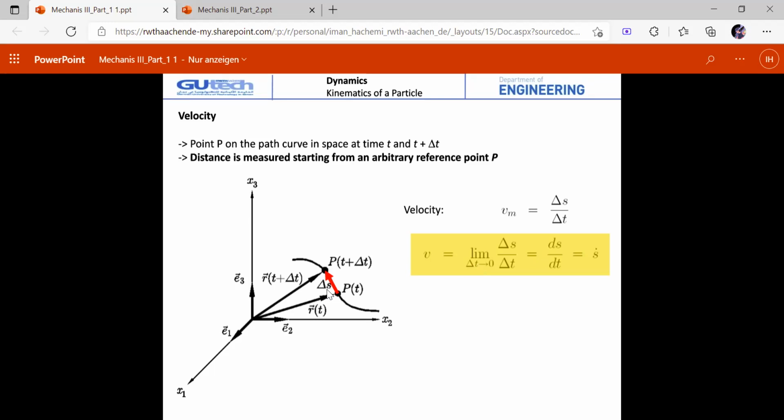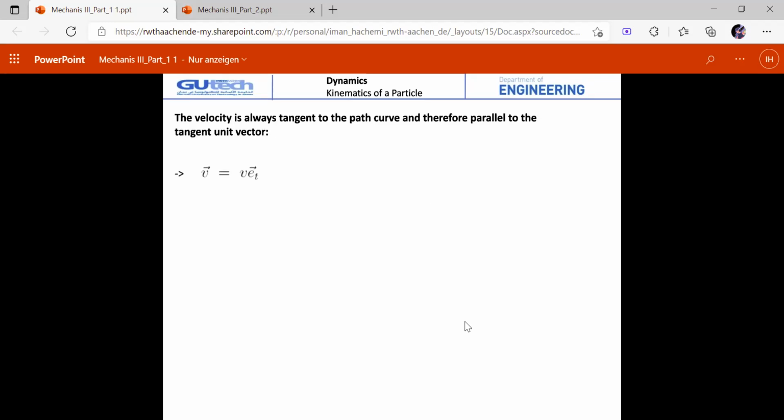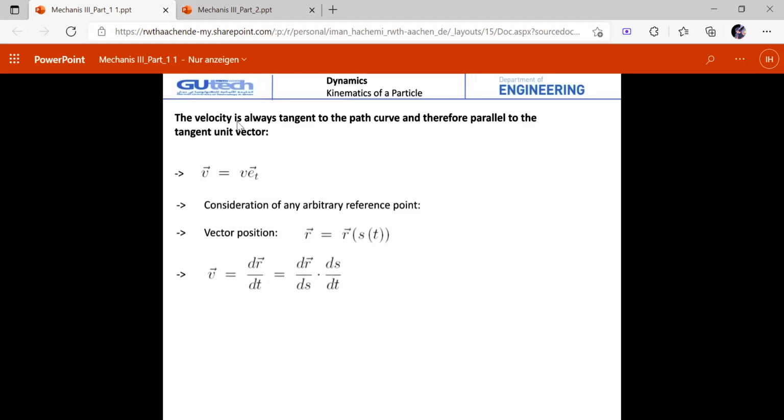If we let delta t tend to 0, that means we take a small motion, then by definition we have ds over dt, which is s dot. This is the velocity. It is important, and you have to keep in mind, that the velocity is always tangent to the path curve, and therefore parallel to the tangent unit vector.